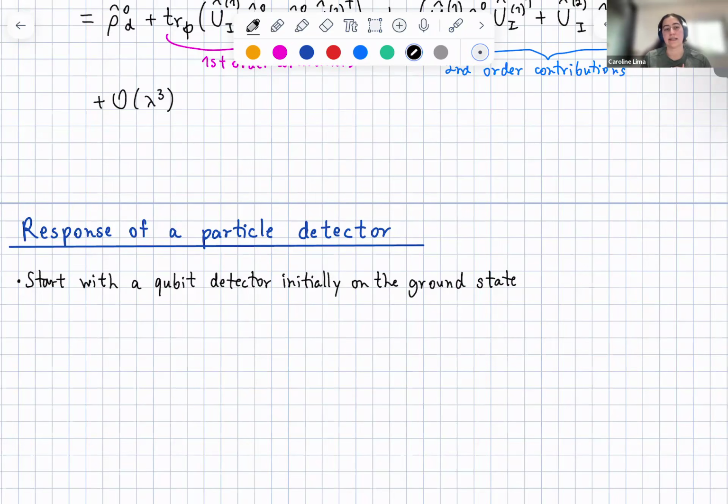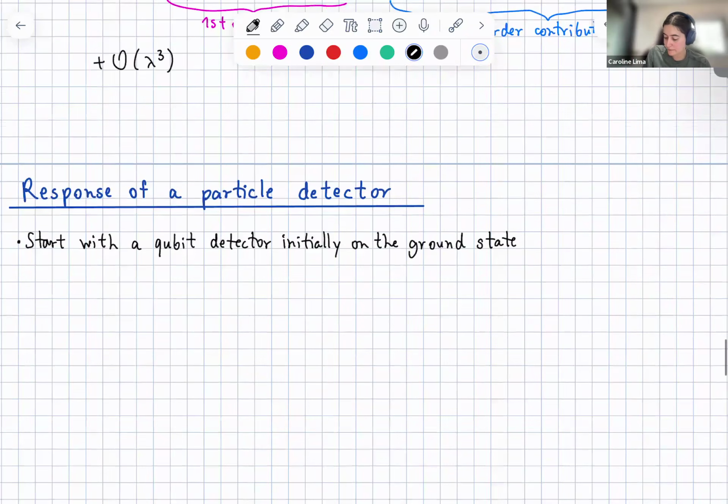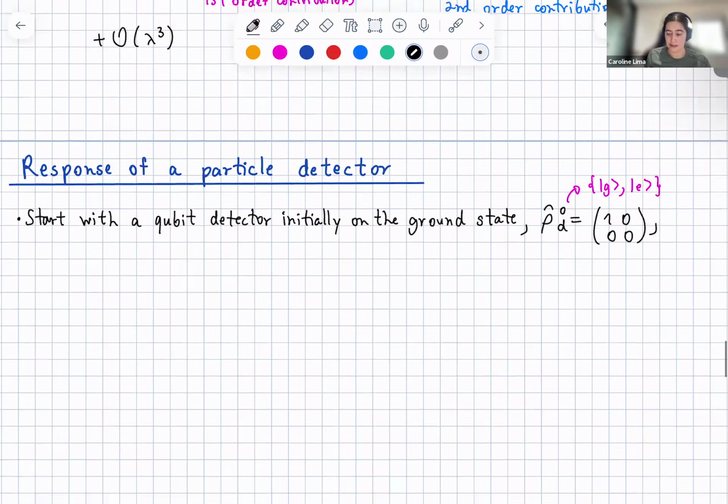Okay. So we're gonna start, as I said, from this qubit, which is originally in the ground state, and I'm gonna write this as 1000, which means that this density matrix, right? Which means that I chose the basis ground, excited. Okay, this is the order of my basis. So that's how I'm going to represent this density matrix.